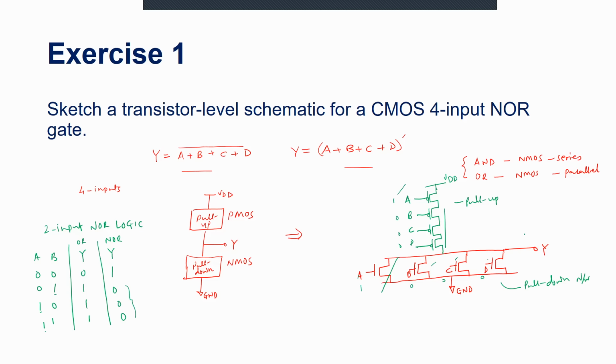So there is no way the output can connect to VDD. Rather, the output will connect to ground through the switch where input A is connected. So the output will be pulled down to logic 0 for this combination. This is how this circuit will perform the operation of NOR logic, and it is a 4-input NOR logic.